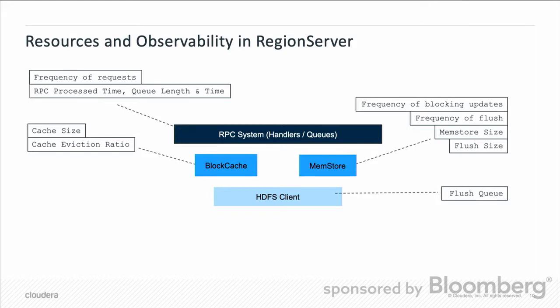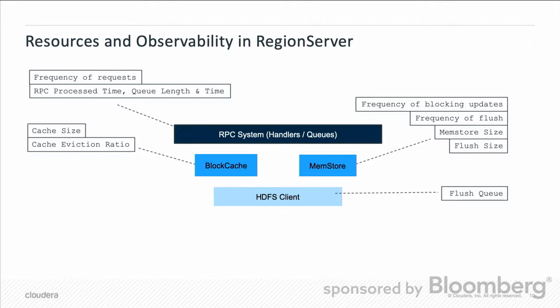So the next question is, what types of information are exposed by each resource? For example, the RPC system exposes the number of requests and how many requests are getting queued and processed.